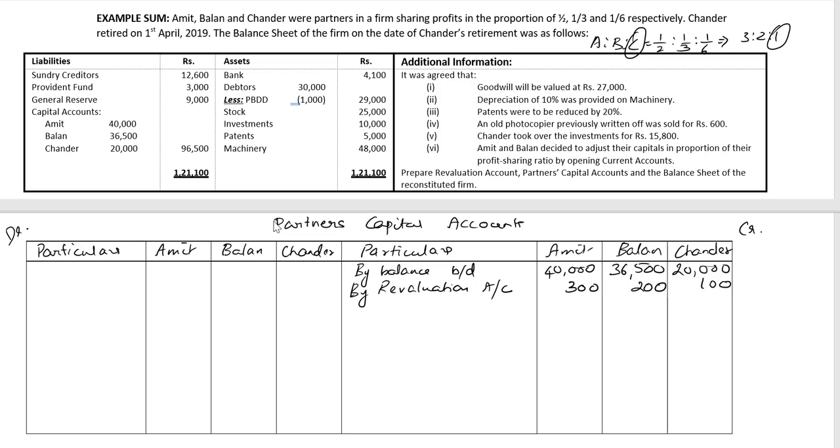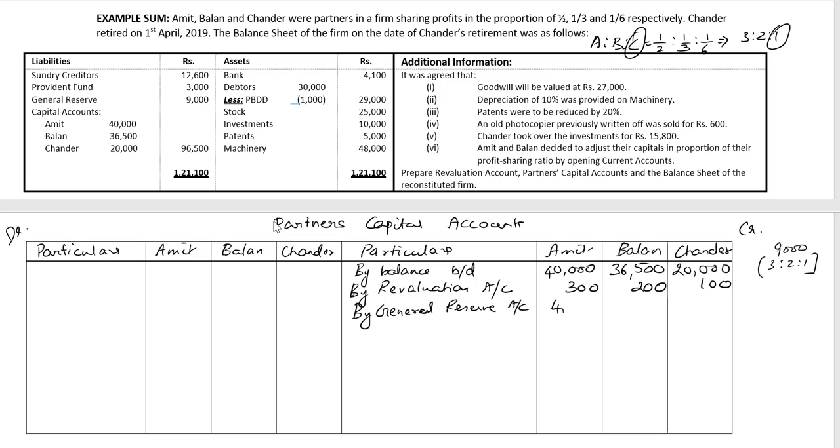We'll deal with the reserves. There's a general reserve of rupees 9,000 by general reserve account. Rupees 9,000 to be divided in OPSR, which is 3:2:1.